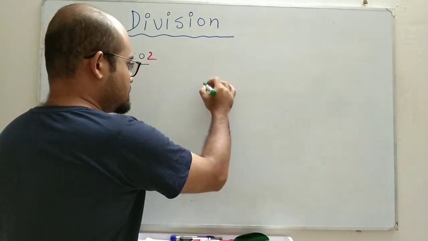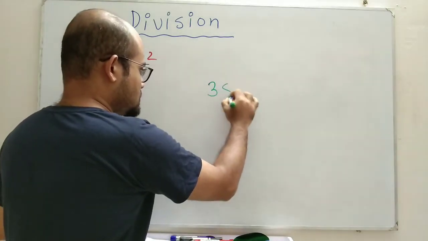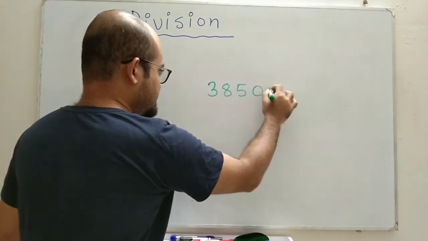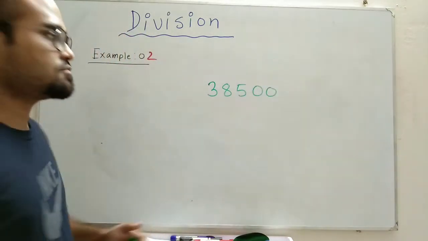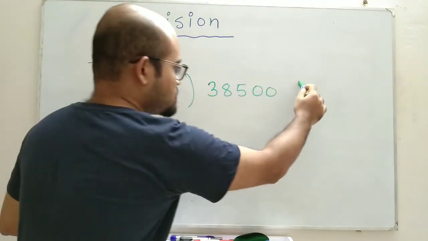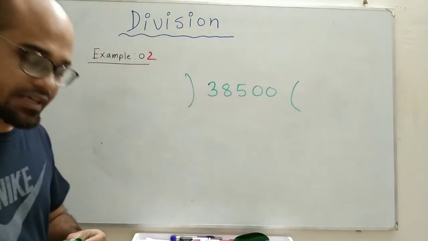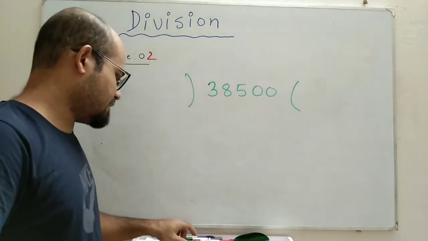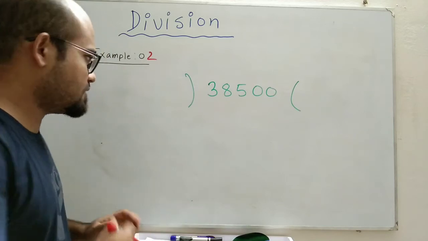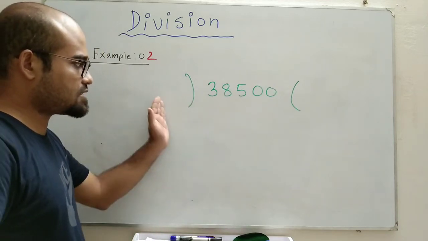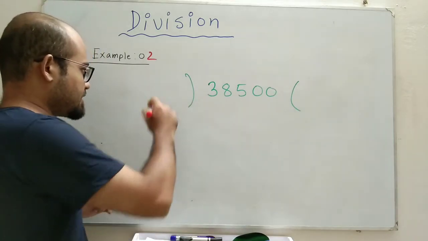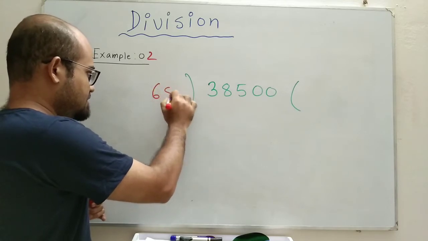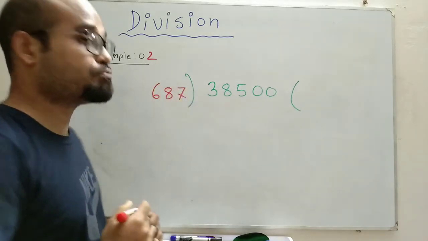So at first we will write the dividend and then enclose it within the division brackets, and after that we will put our divisor on the left side of the bracket. So that is 687.